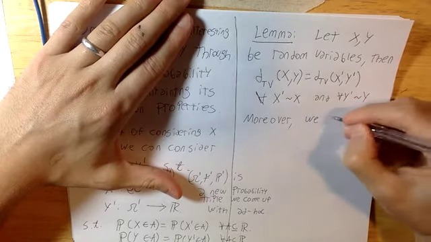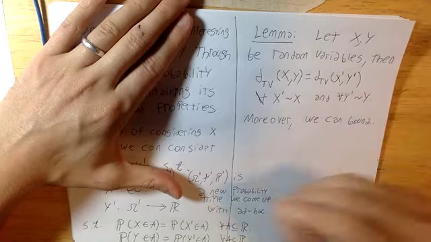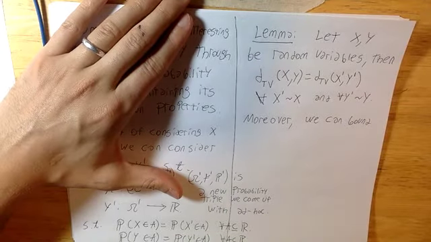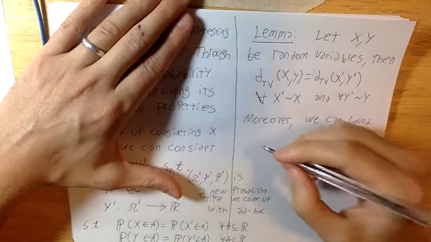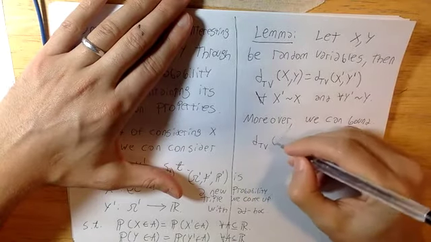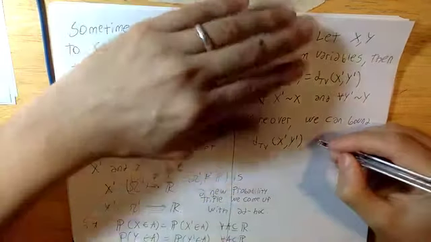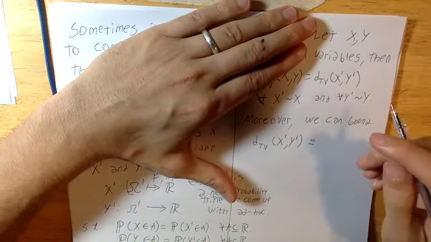Moreover, we can bound the total variation distance between X prime and Y prime.